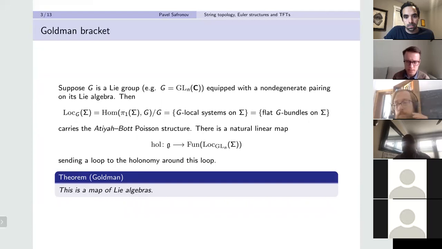I would imagine it has a huge kernel in that case. So basically, you might have accidental relations between your loops. So one way to think about the left-hand side, the free loops, is as something like the version of the right-hand side when n is infinite. But for any finite n, there might be accidental relations. And I think for n equals 1, there'll be relations. Thank you. That's a good question.